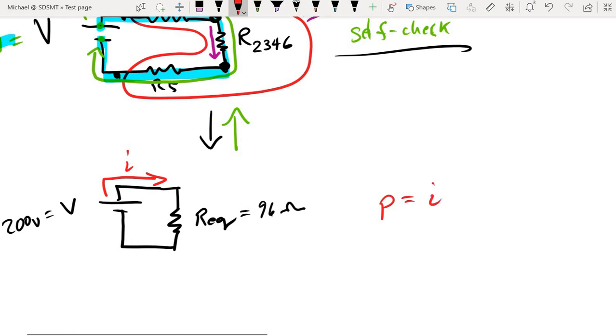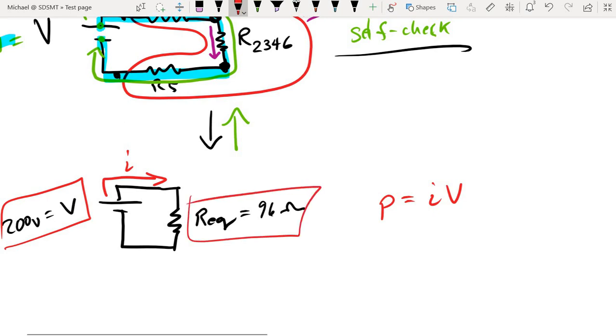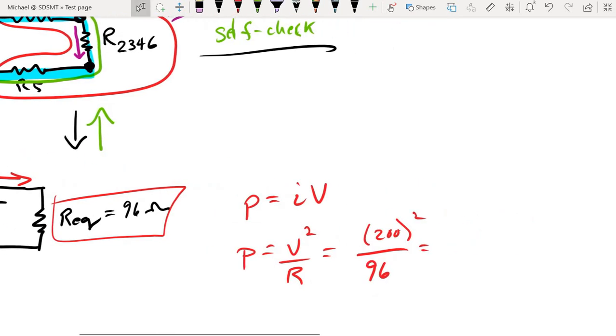But this becomes super simple now. It looks like probably our best approach would be to use the value of the battery and the value of the resistor. So that was this power equation. We have 200 volts squared divided by the resistance 96.